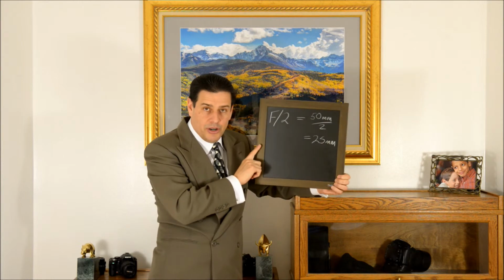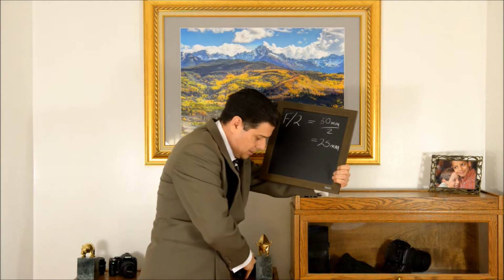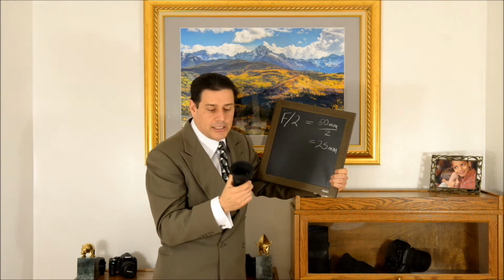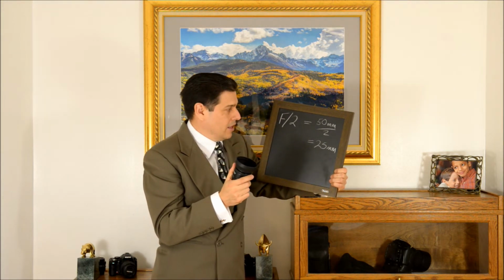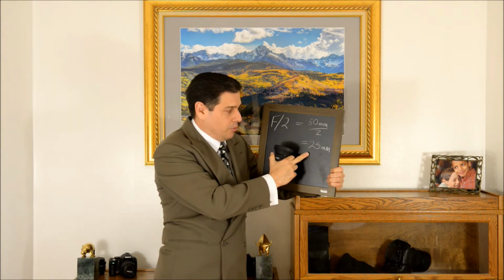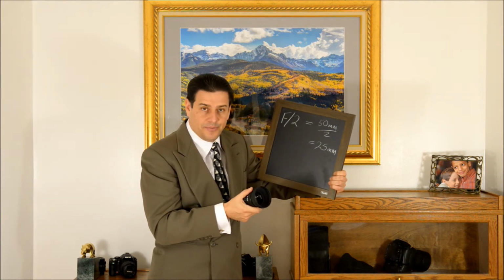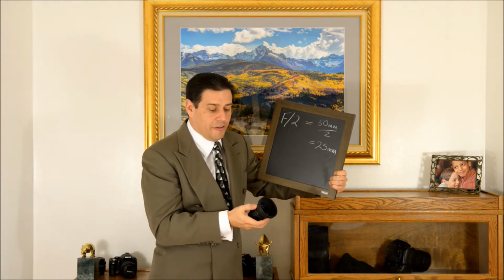And the diameter of that circle, in this case, if I set my lens to f2, then the diameter of my aperture, of the hole, will be 25mm. And f4 would be half that, and f8 would be half again.